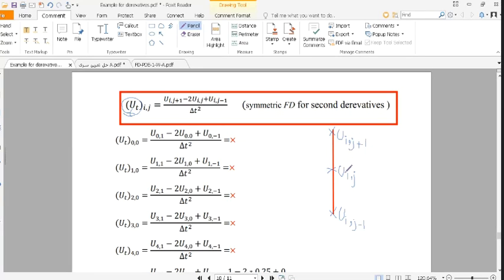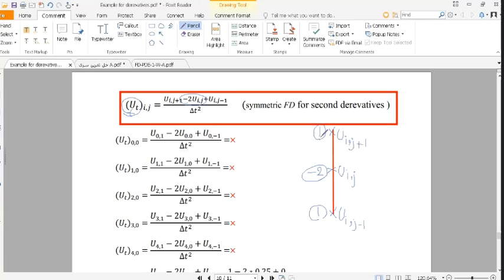at i and j. You should write u i, j plus 1 with the coefficient 1, minus 2 u i and j. The minus 2 is the coefficient for u i j. The coefficient for u i j is minus 2. And the coefficient for u i and j minus 1 is also 1.